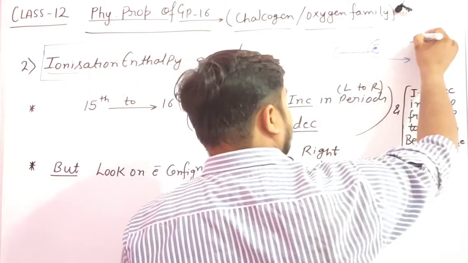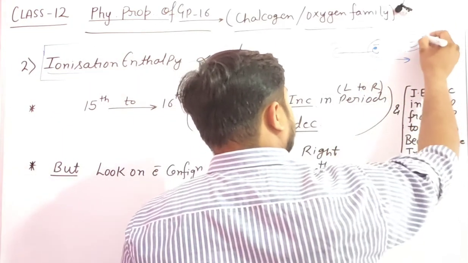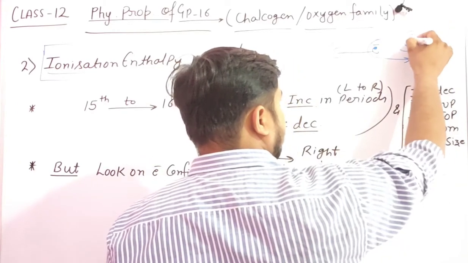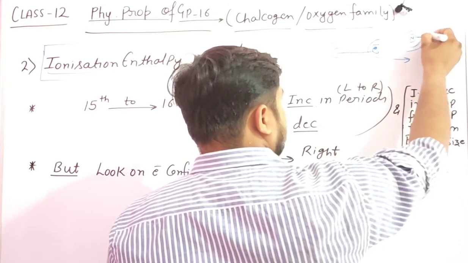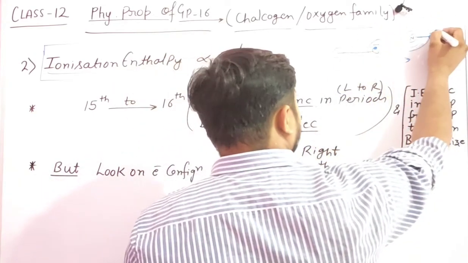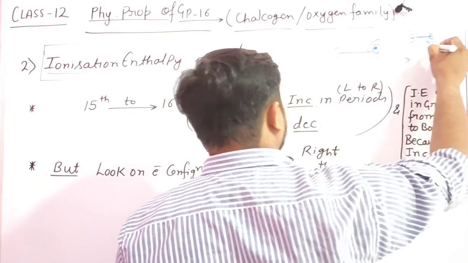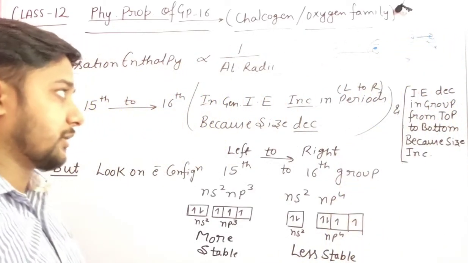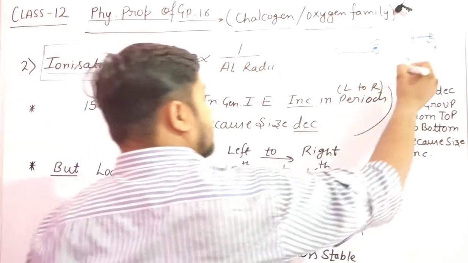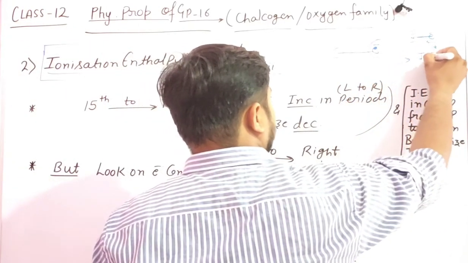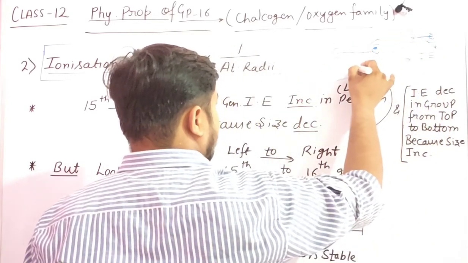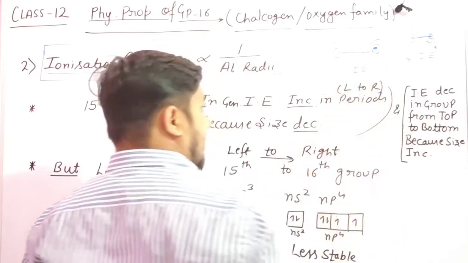As the size of the atom is much smaller, the outermost valence electron is held tightly by the nucleus. Clear? So this electron requires a lot of energy to remove. So small size requires a high amount of ionization enthalpy, and larger size of atom requires less ionization enthalpy.